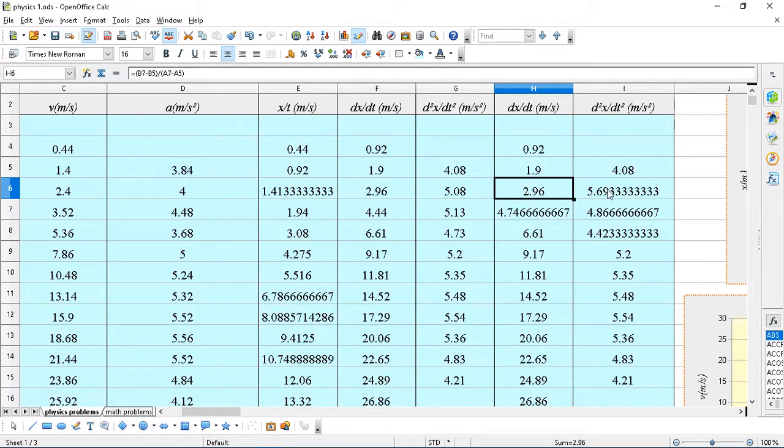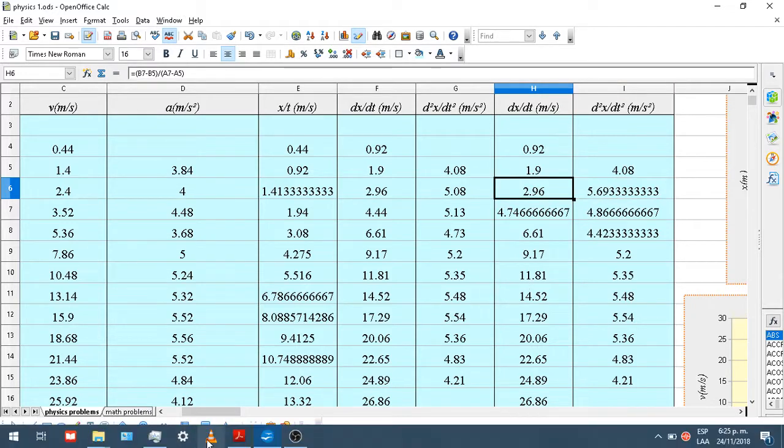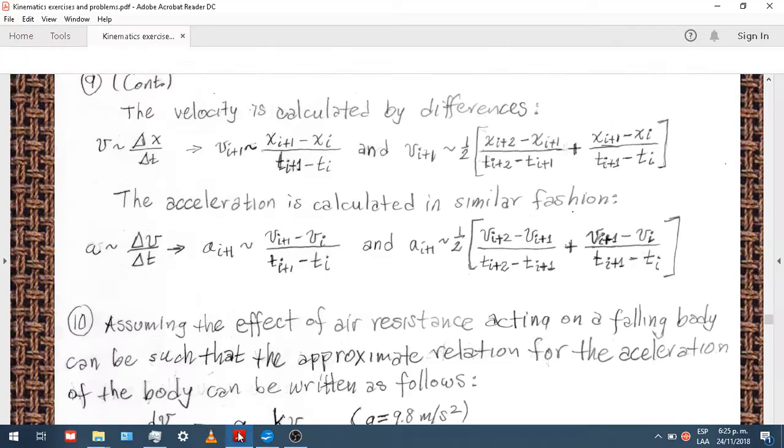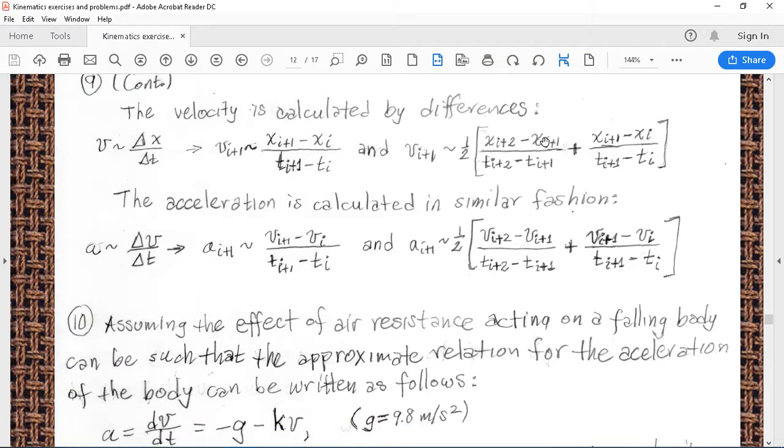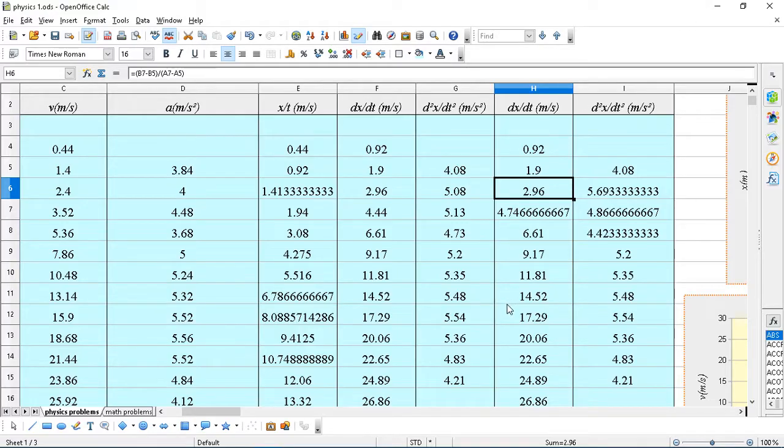And these two are the columns for which it has been assumed that it is possible to use the expressions x(i+2) minus x(i) over t(i+2) minus t(i) and v(i+2) minus v(i) over t(i+2) minus t(i).